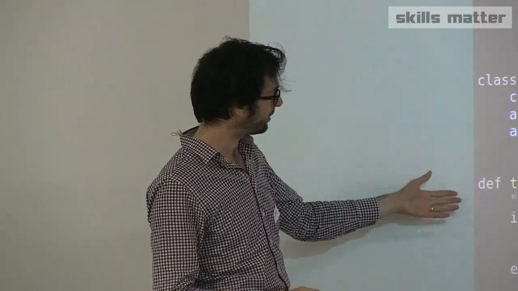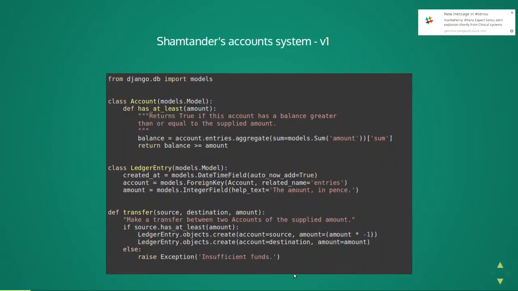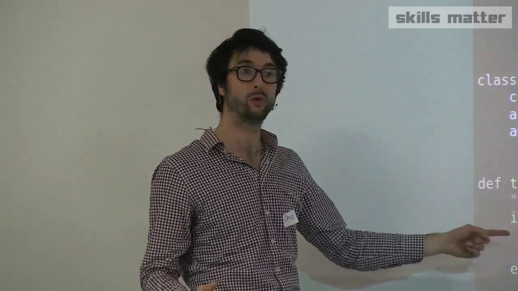And finally, we have our transfer function. And what the transfer function does is it takes a source account and a destination account and an amount, and it checks to see if the source account has enough money in the account. And if it does, it creates two ledger entries.